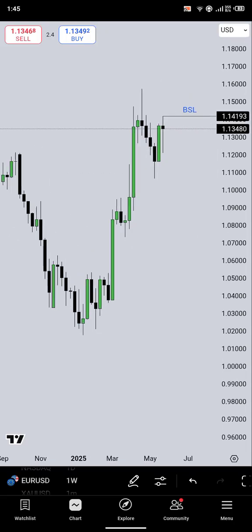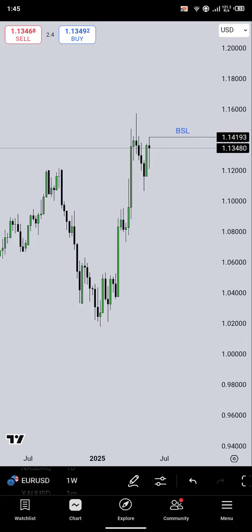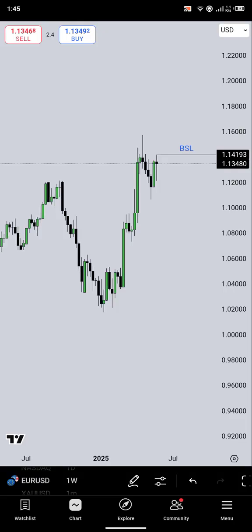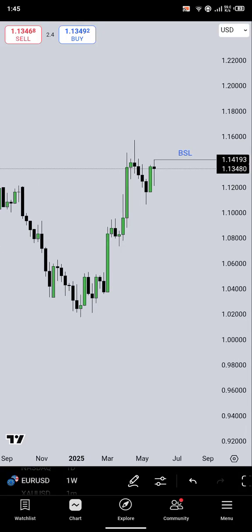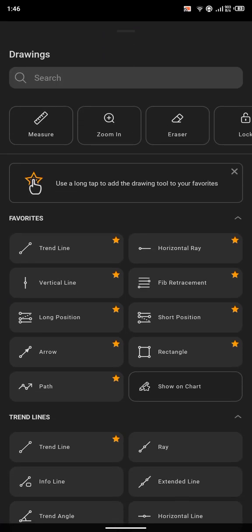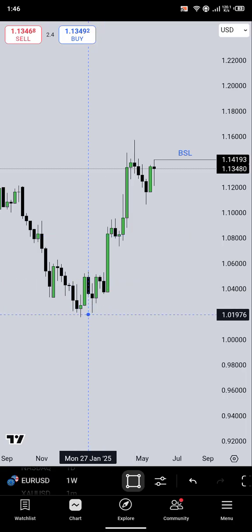So on the weekly time frame, first we come to the weekly time frame and then we just try to see the general move, and we can see from here that for the past weeks now, Euro USD has been quite bullish.